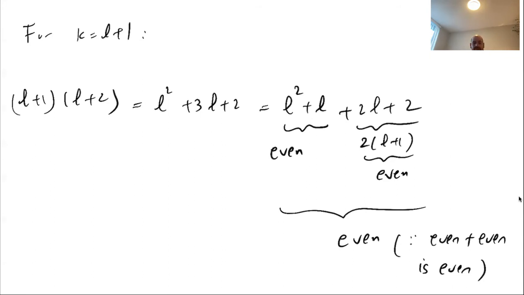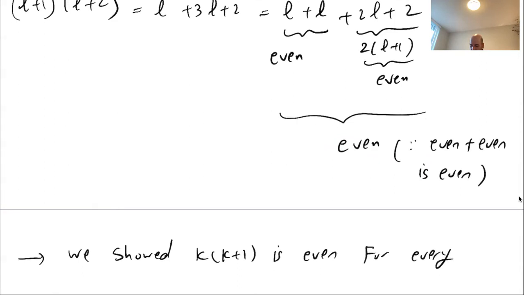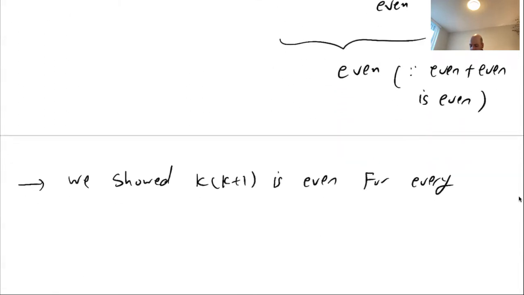So this number is even. So we showed k times (k plus 1) is even for every k bigger than or equal to 0. Therefore, I can write k times (k plus 1) equals, let's say, 2s for some integer s.